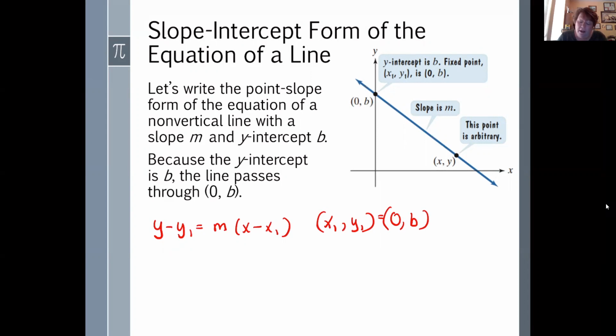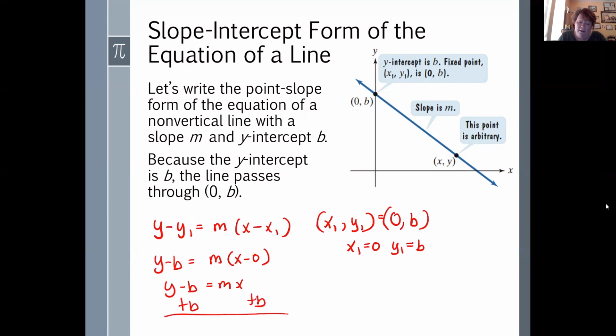So x sub 1 is 0, and y sub 1 is b. So we're going to make that substitution. You have y minus b equals m x. X minus 0 is just x. Then we're going to add b to both sides. And we get the slope-intercept form of the equation of a line.